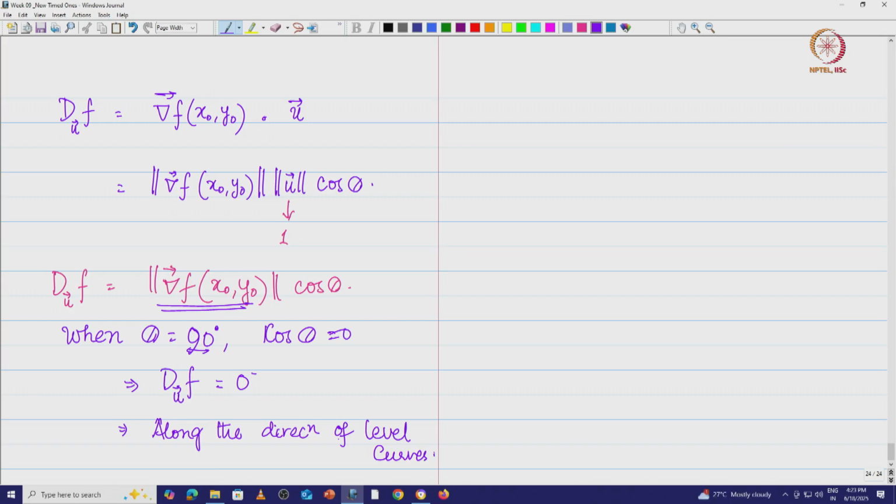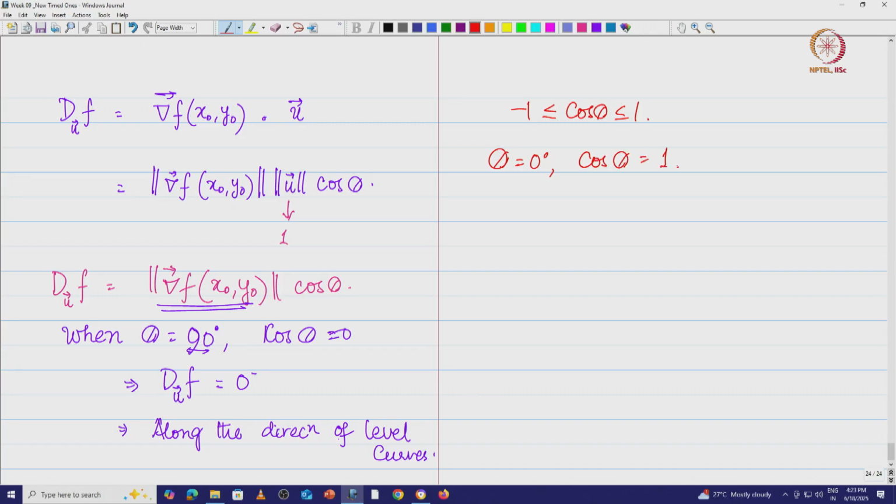Okay. What is the value that cos theta can take? Cos theta can take a value between -1 and 1, right. Now when will cos theta be equal to 1? When theta is equal to 0, cos theta is 1. Brilliant.